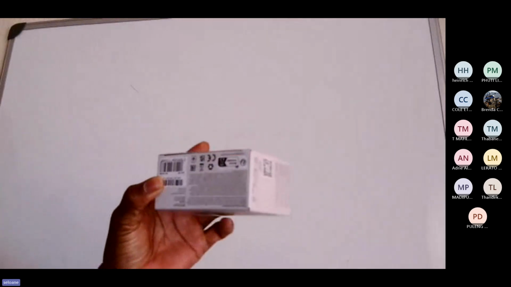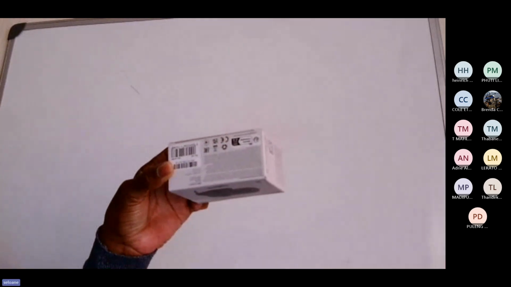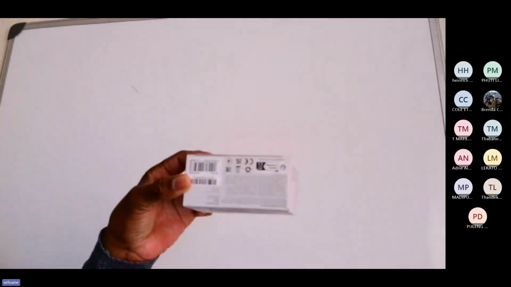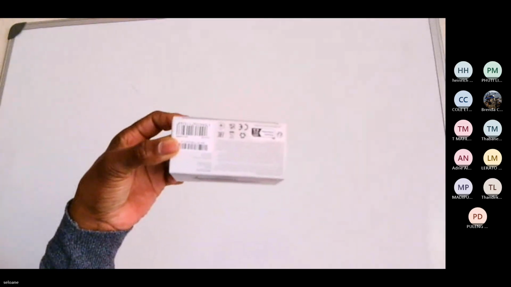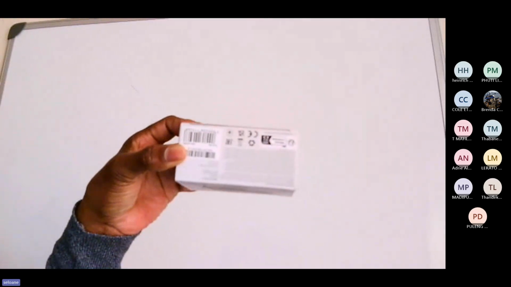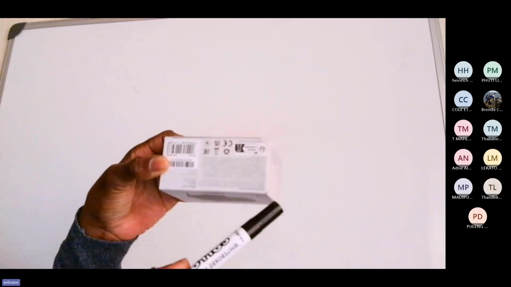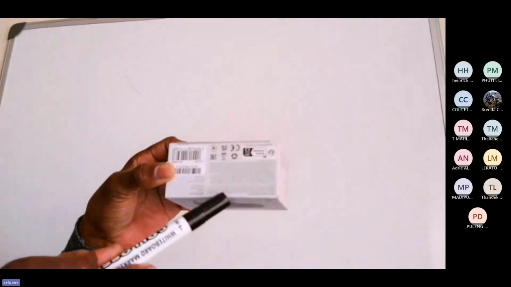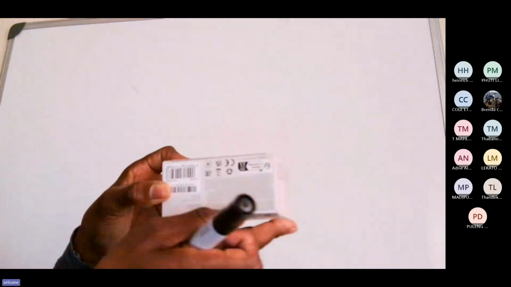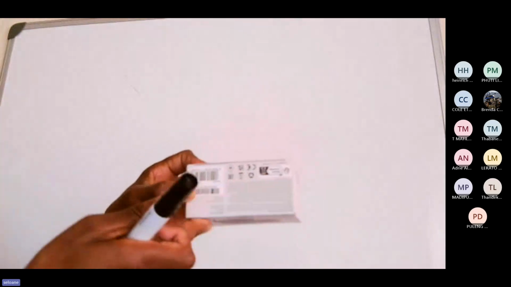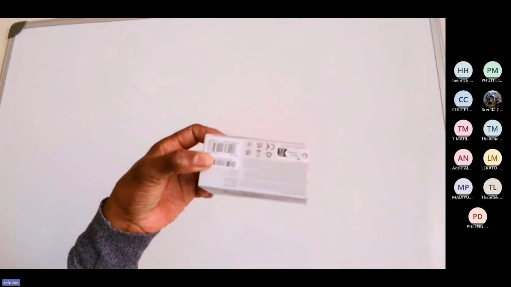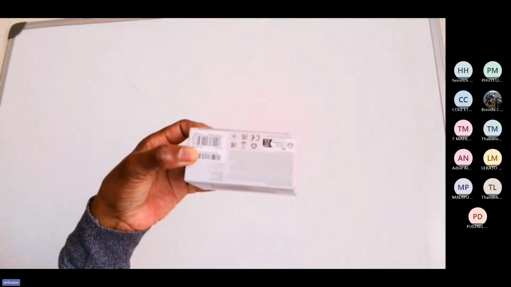This is a box. If you are asked to calculate the volume of this box, what you need to do is get the area of the base. The base is like a rectangle.